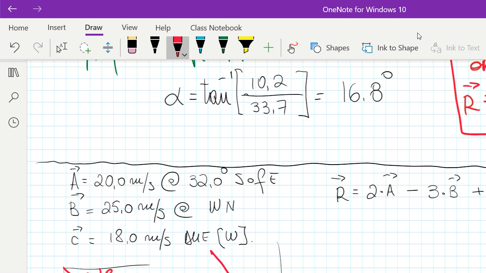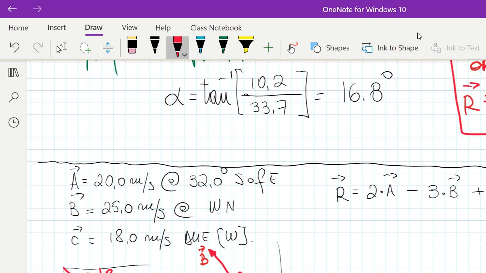That means that you are right in the middle, and you can choose whatever angle you prefer. I will do west in this case. And then the third one is vector C, that is due west. The magnitudes are respectively 20, 25, and 18.